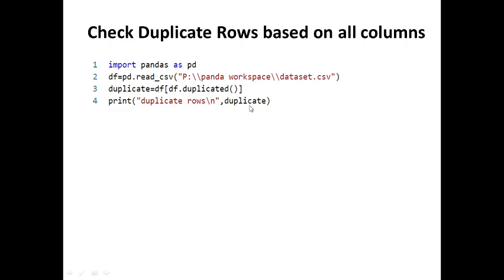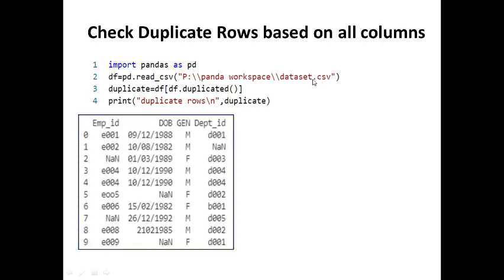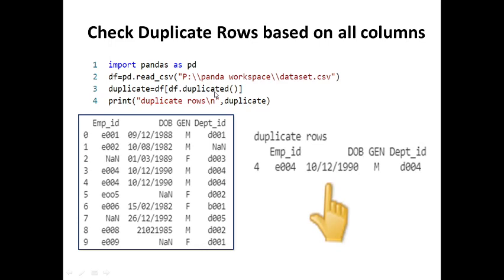So I have shown you dataset.csv file to you, right? So now you know how data frame looks like, right? So data frame will look like this, 4 columns and then index values. So now you are familiar with this, right? Now when we run this code, it will print the duplicate rows. So according to this data frame, only one row is there.